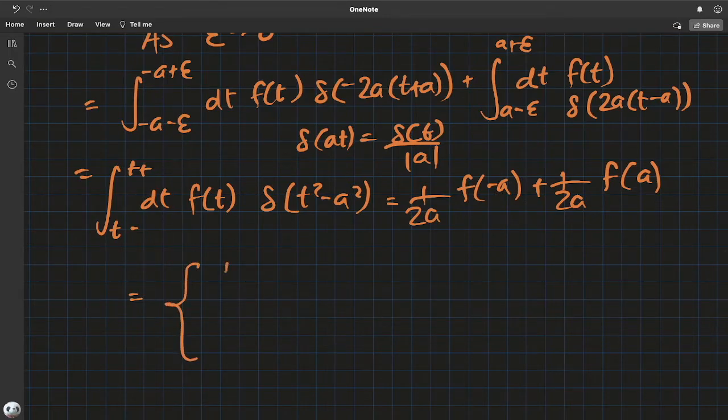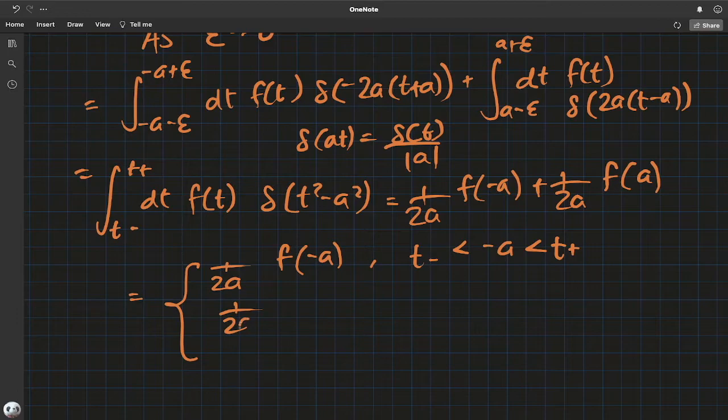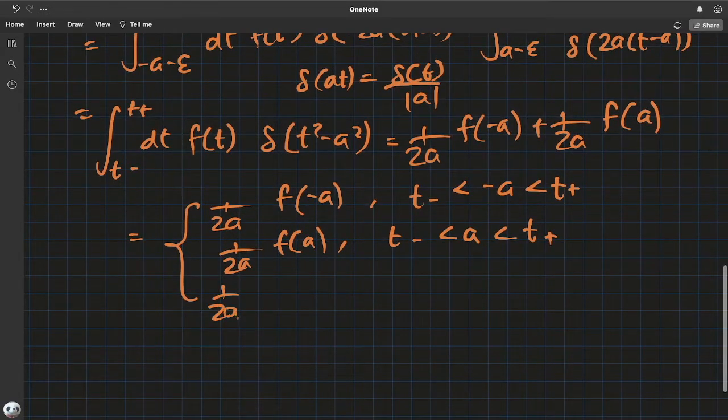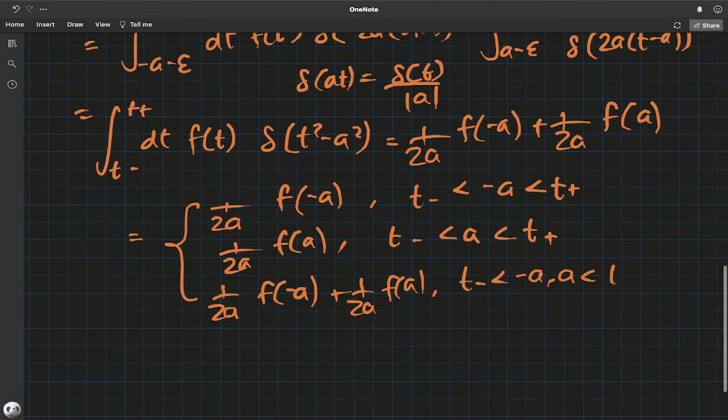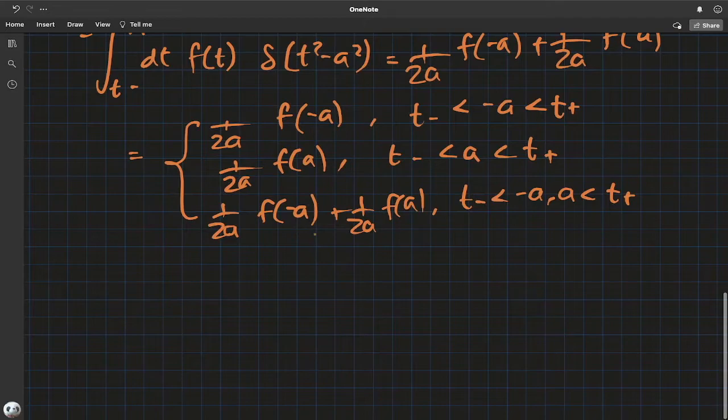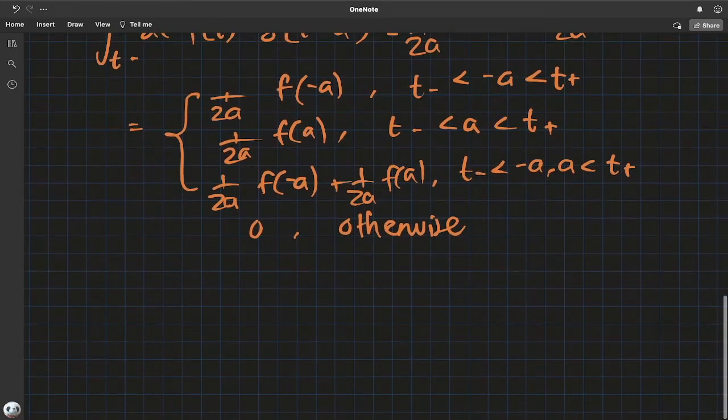If you want to write this case-wise, we have 1 over 2a f of negative a when just negative a is in the range, 1 over 2a f of a when just positive a is in the range, and when both are in the range we have 1 over 2a f of negative a plus 1 over 2a f of a, and 0 otherwise, obviously, if none of the zeros are in the range.